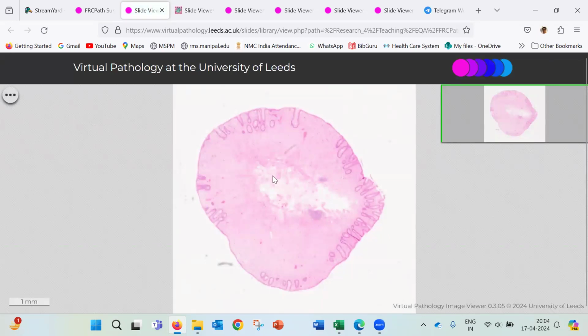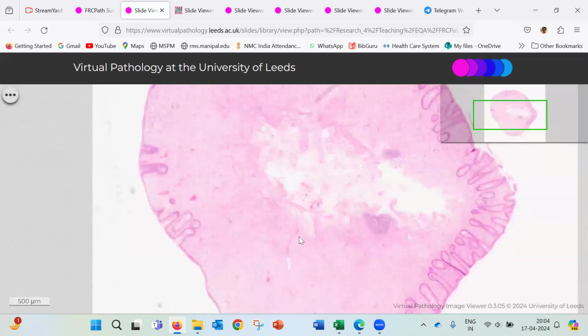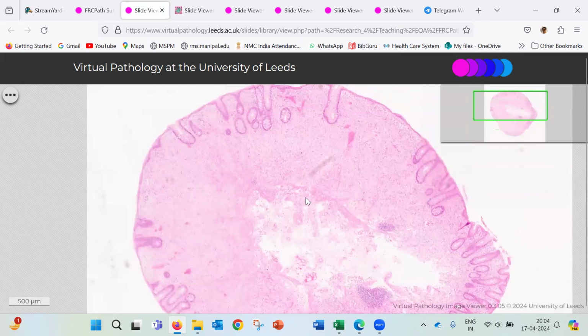There is no abnormality, particularly to the epithelial element, but this is a stroma-rich polyp. So remember, the stroma-rich polyps are handful in number. So either they will be a spindle cell lesion or an inflammatory fibroid polyp, this kind of thing.